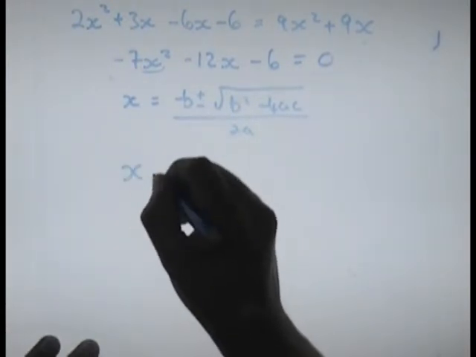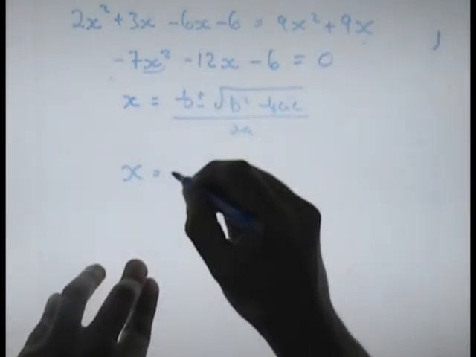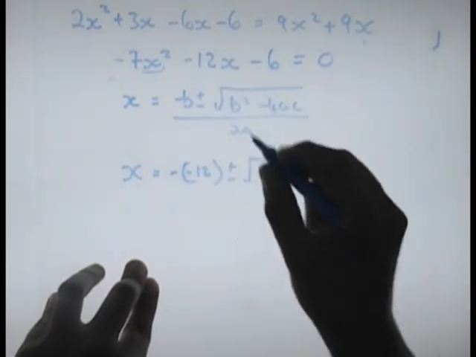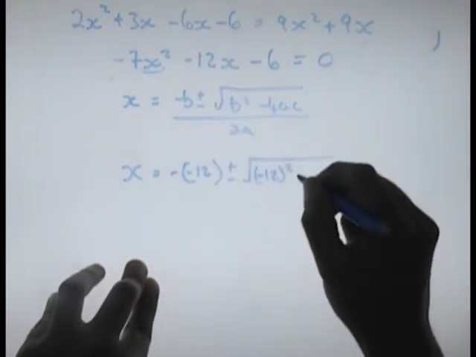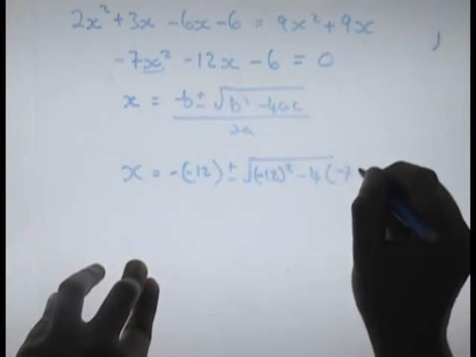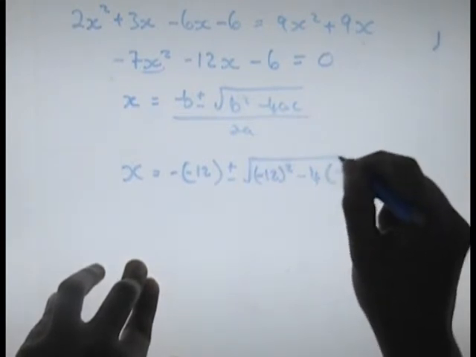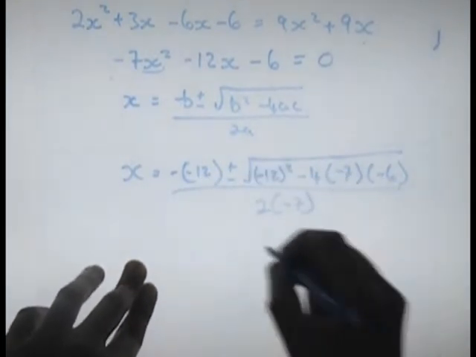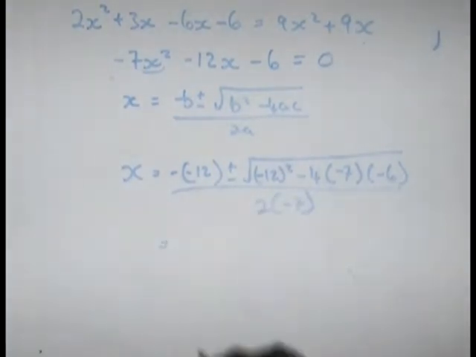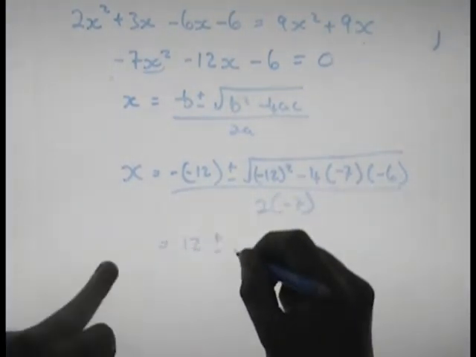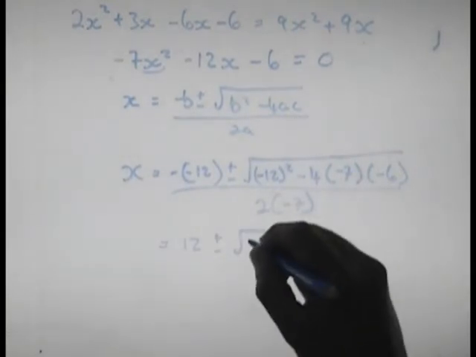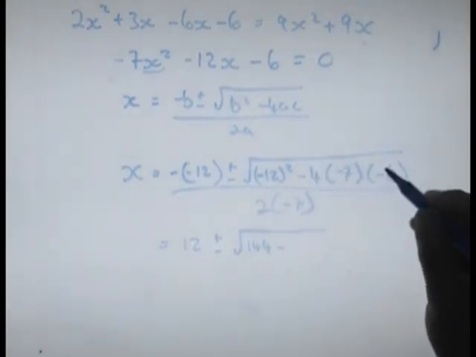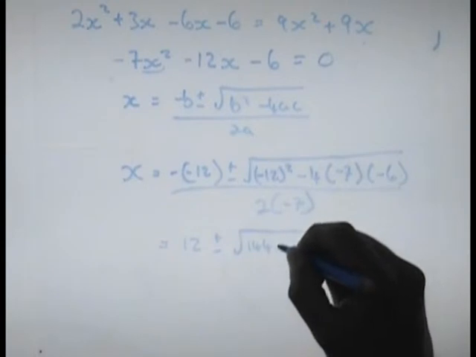That means that x is equal to minus b, which is minus times minus 12, plus minus square root of b squared, which is minus 12 squared, minus 4ac, all of that divided by 2a, or 2 times negative 7. That's going to equal positive 12 plus or minus square root of 12 squared, which is 144, minus 4ac. Negative times a negative is positive, times a negative is negative.